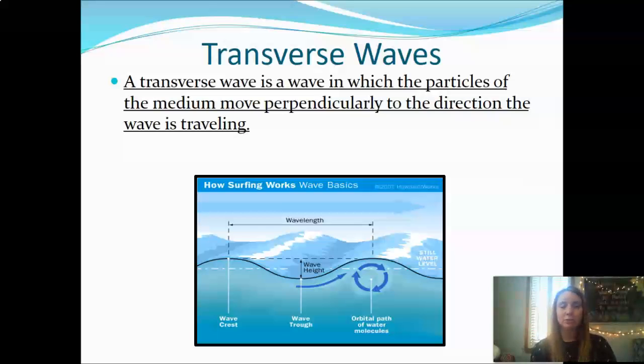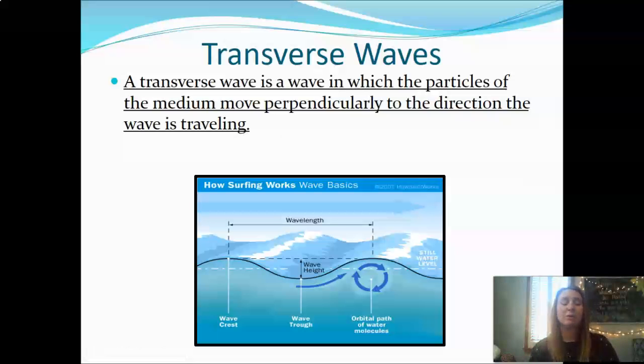A transverse wave is a wave in which the particles of the medium move perpendicular to the direction of the wave traveling. Remember, perpendicular just means, like in geometry, the little upside down T sign, and it just means that it's going to bob up and down.